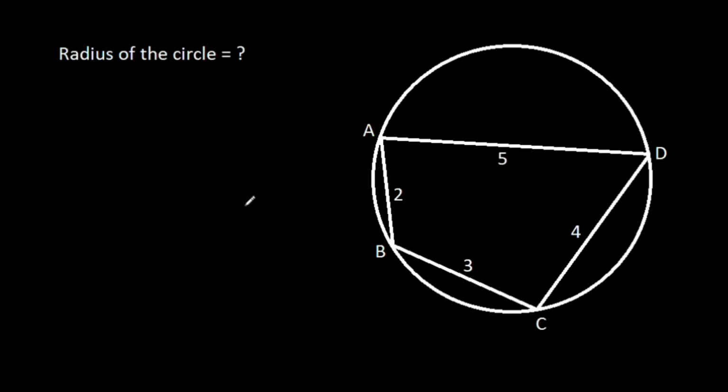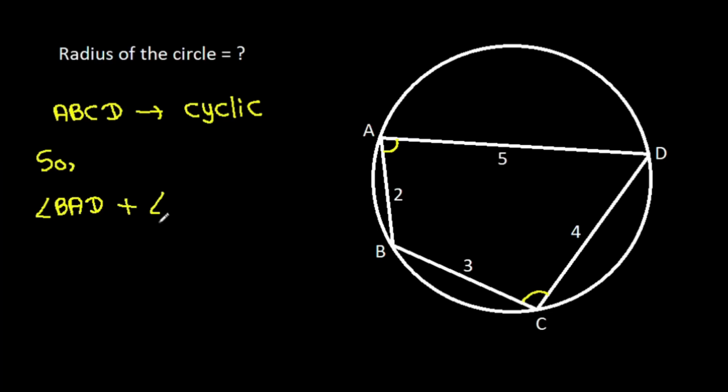So ABCD is cyclic. So the sum of opposite angles, angle BAD plus angle BCD, will be 180 degrees.